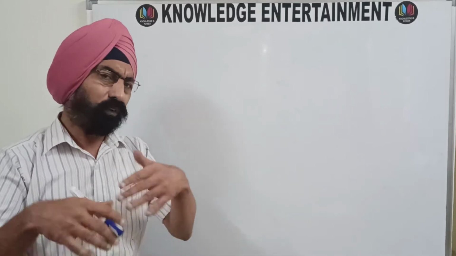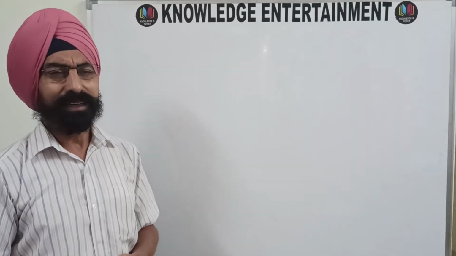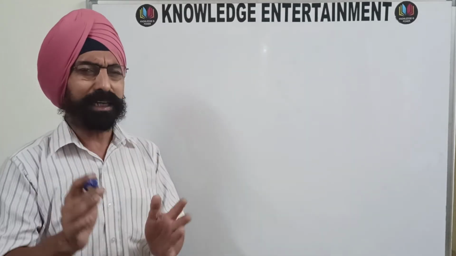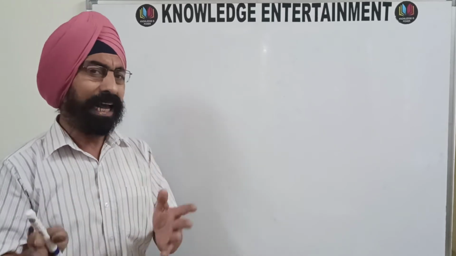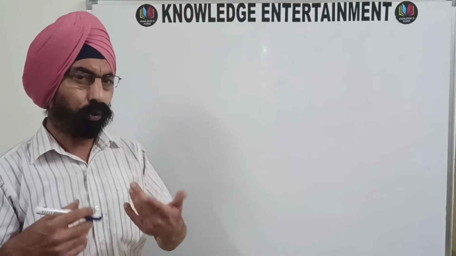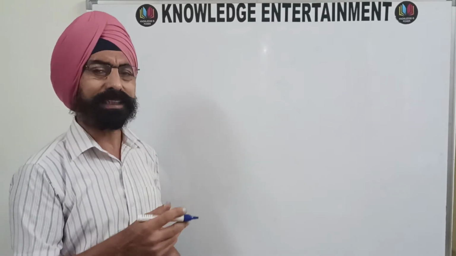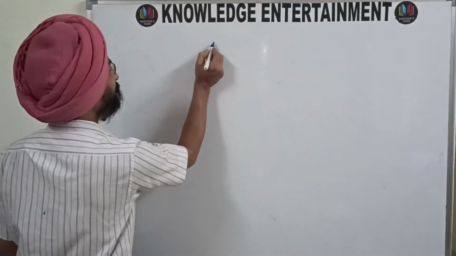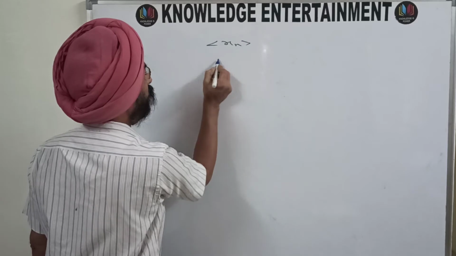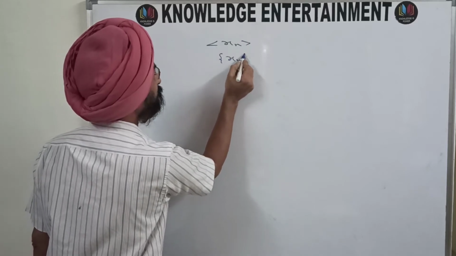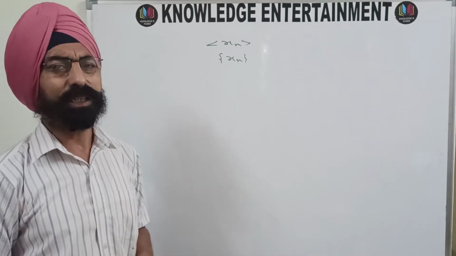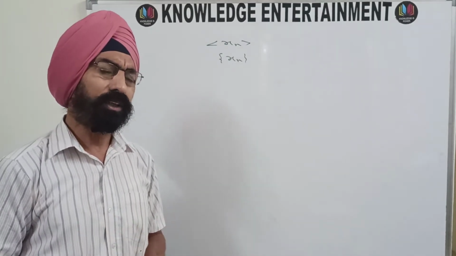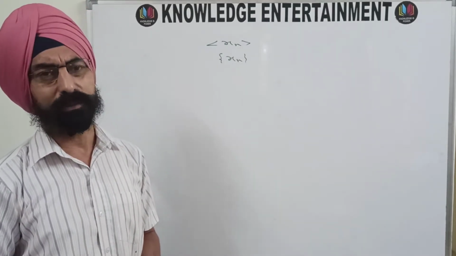But before moving on to nets, let us have a clear-cut concept about sequences. What are sequences? It will help you to understand nets more and more clearly. So let us see what is a sequence. Normally we define a sequence like this or like this, but what is it? Actually, a sequence is a function whose domain is the set of natural numbers.